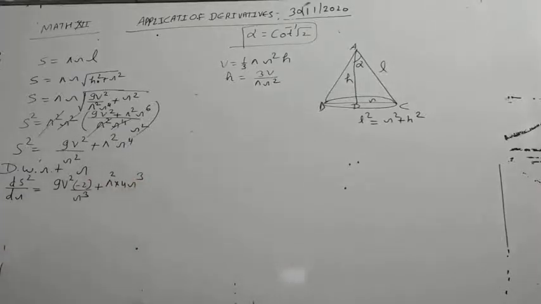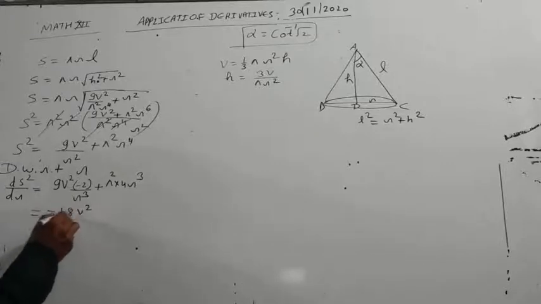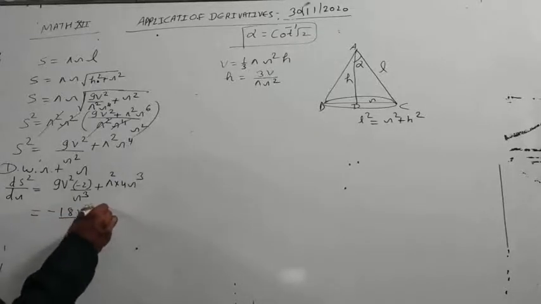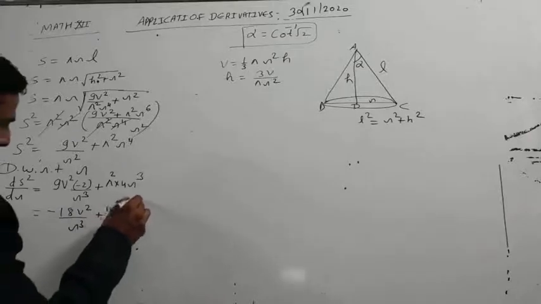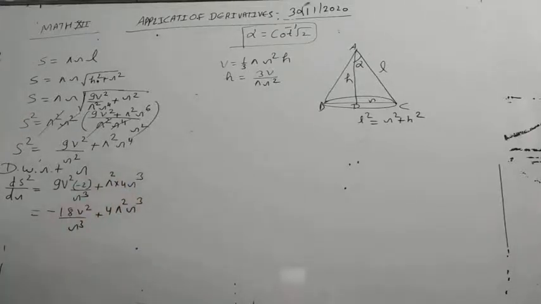So the differentiation will be minus 18 V square by r cube plus 4 pi square r cube. This is the first derivative. Now we equate the first derivative with 0.